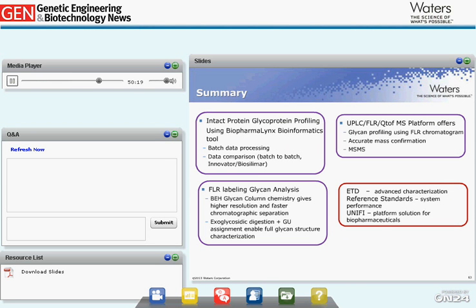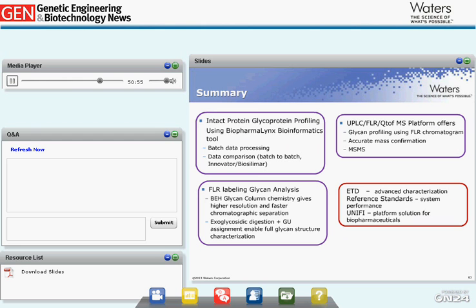And also FLR-labeled glycan analysis, where the BEH Glycan column chemistry gives higher resolution and a faster chromatographic separation, and combined with exoglycosidase digestion and GU retention time assignment, enables full glycan structure characterization. And the UPLC FLR QTOF MS platform offers glycoprofiling using both the FLR chromatogram and accurate mass measurement. You can potentially do MS/MS for structure assignment as well.